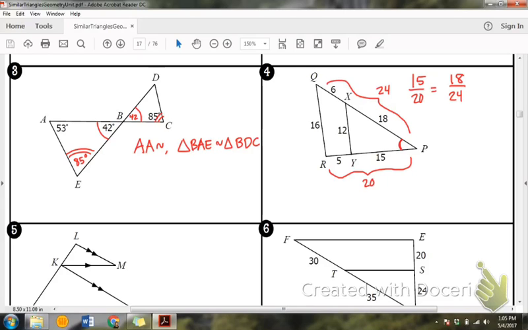We don't even need to worry about that other side, because if these two match up, then it's a side, angle, side. Okay, so let's check. 15 over 20 reduces to 3/4. And 18 over 24, if I divide both of those by 6, I also get 3/4. So are these similar? Yes.